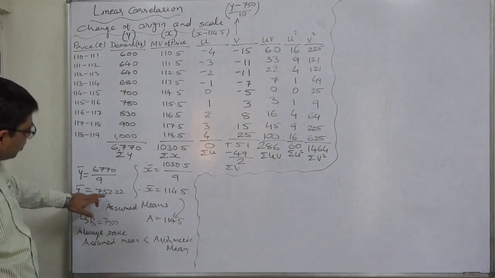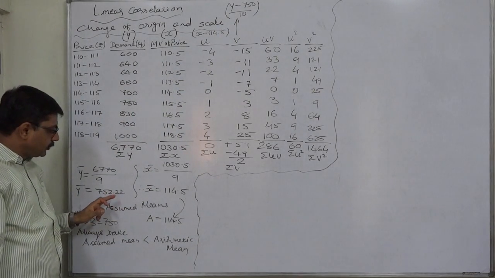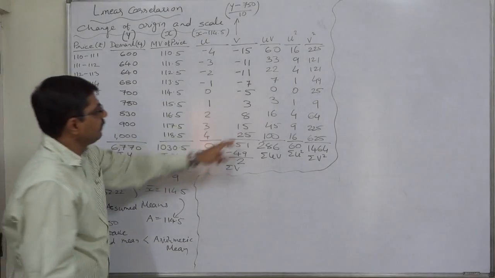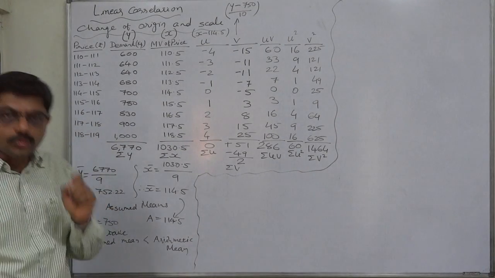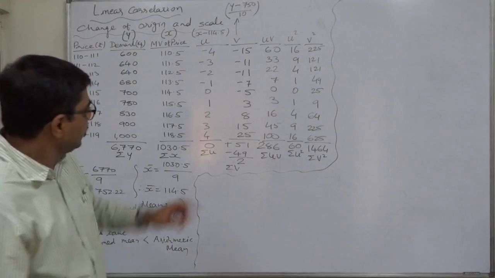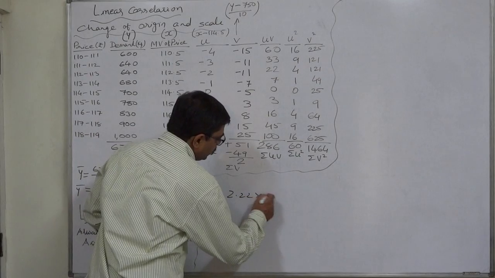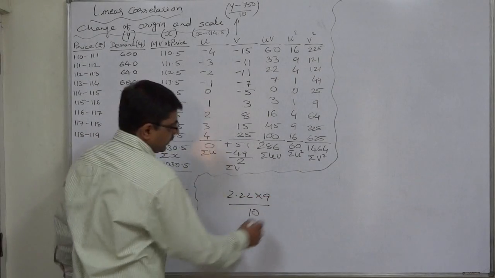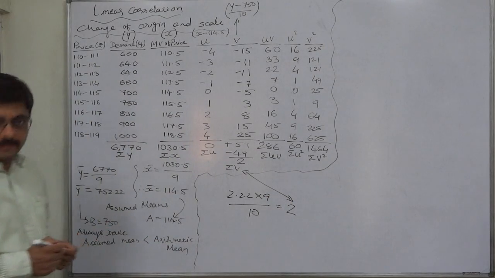We have subtracted 750 instead of 752.22 from each and every value of y. That means we have subtracted 2.22 less than the arithmetic mean. There are a total of 9 values. 2.22 into 9 divided by 10 comes to approximately 2. That is always in matching with the summation.